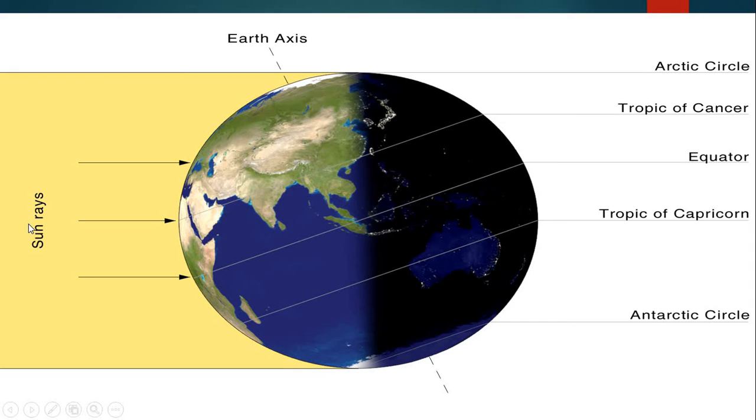As you can see, sun rays are falling on the Earth's surface. Half of the Earth is receiving the sunlight, whereas the other half is having night. This is because of the spherical shape of the Earth.